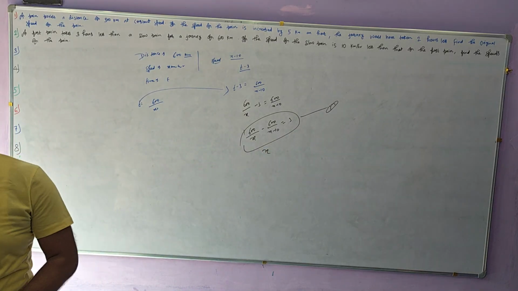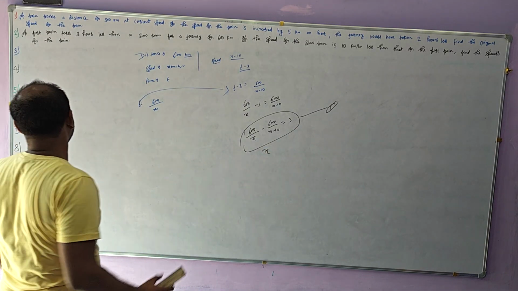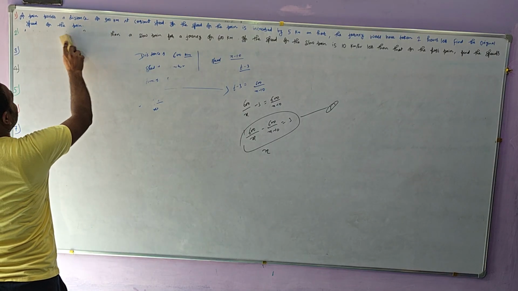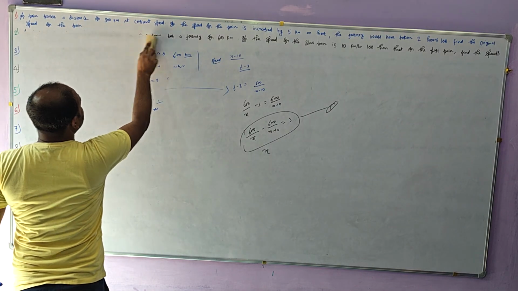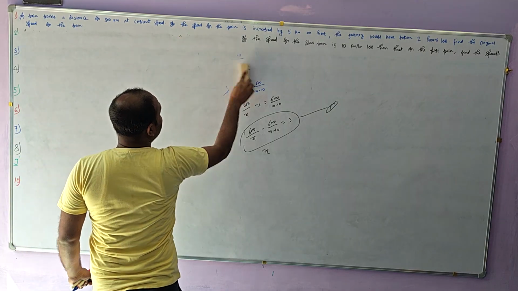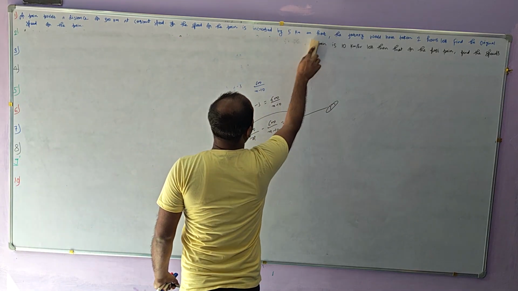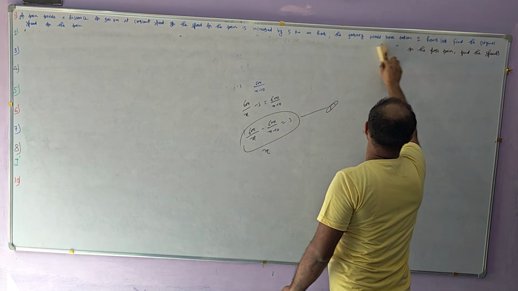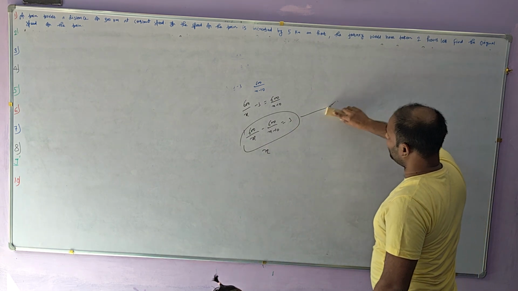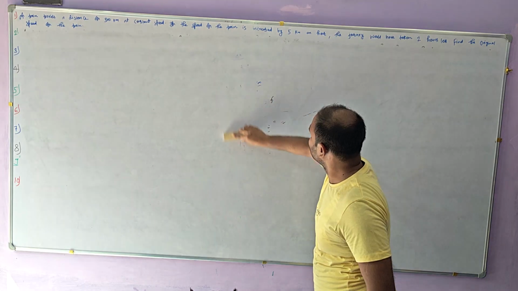Now in another question, a train travels a distance of 300 km at a constant speed. If the speed of the train is increased by 5 km an hour, the journey would have taken 2 hours less. Find the original speed.